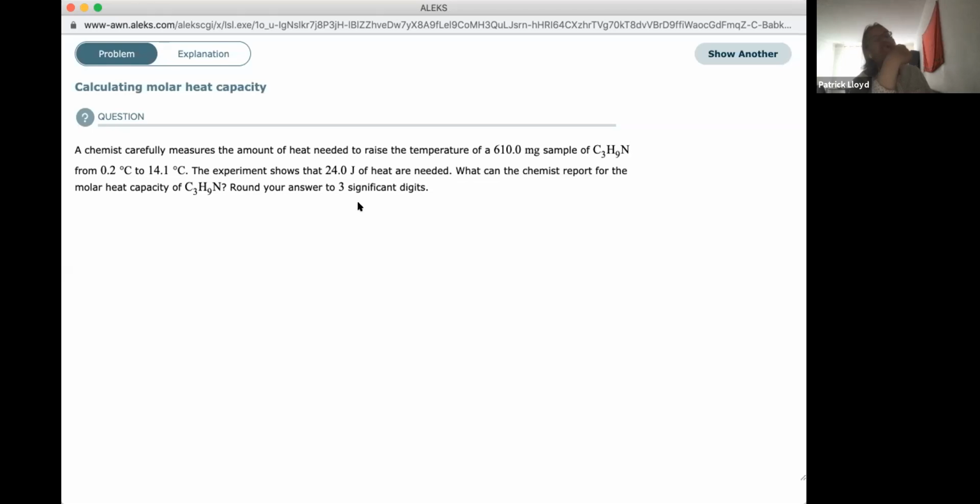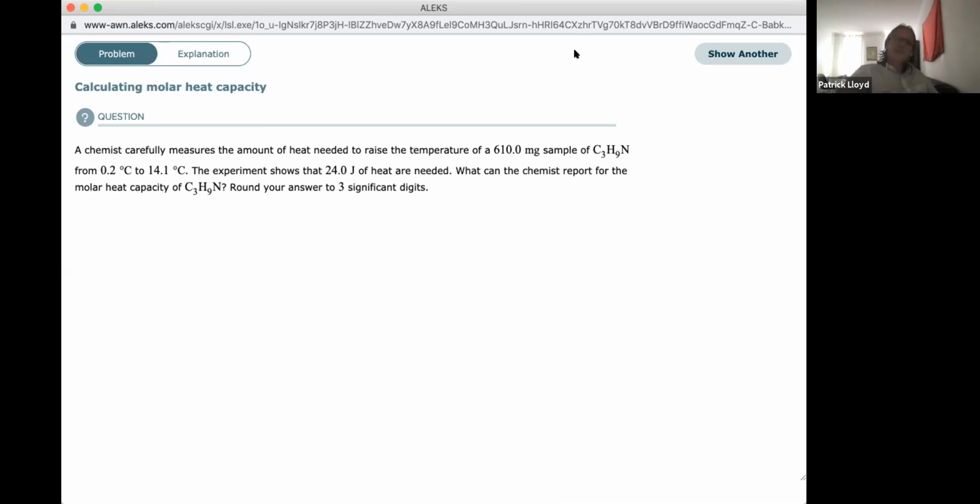So notice how this is not asking for the specific heat capacity. It is asking for the molar heat capacity. And the two are related, but they're not exactly the same. But in its essence, this is the same kind of problem. Q equals MC delta T. We're trying to find out what C is.